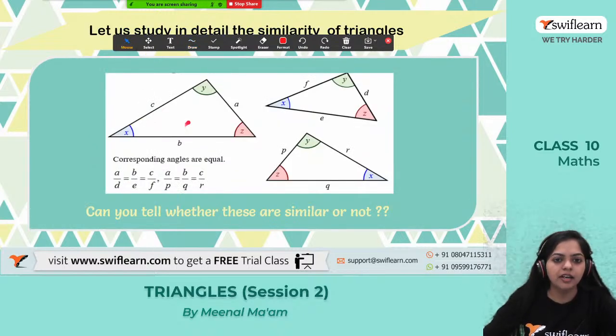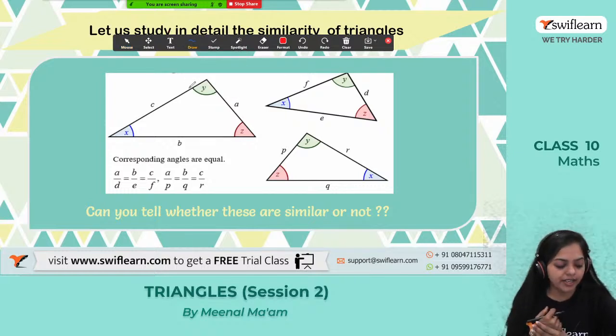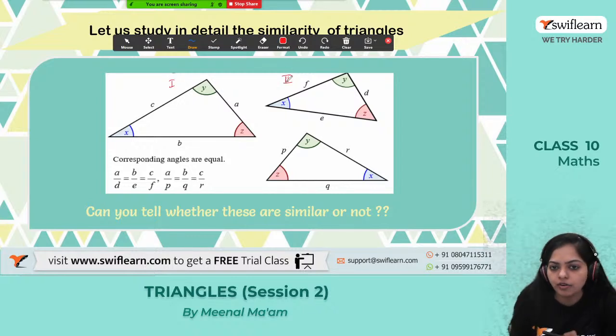Here, let us study in detail the similarity of triangles. If I talk about these two triangles, let me name the first and second triangle. If I say that the first and second triangles are similar, what is the condition for similarity of a triangle?